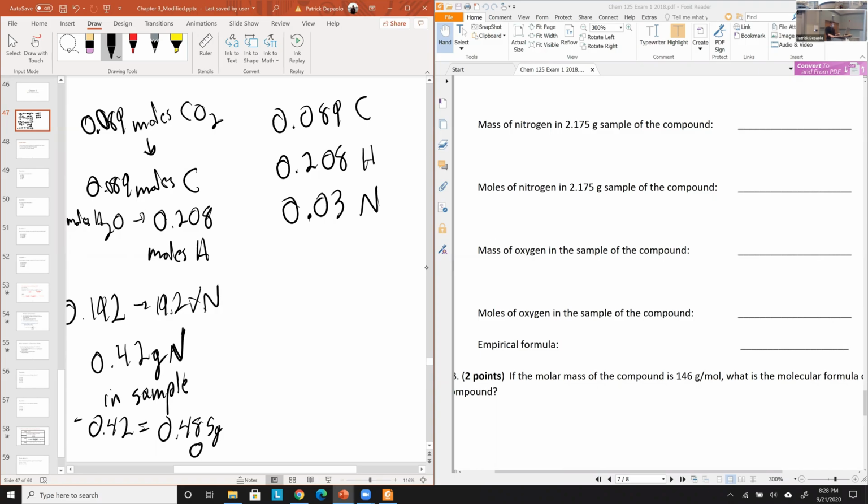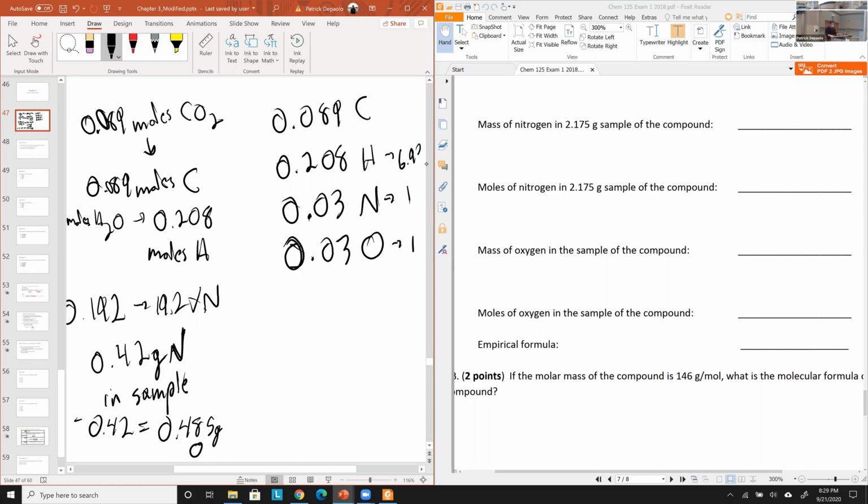Then you have the oxygen, 0.485 divided by 16 is 0.03 again of oxygen. So we're going to divide by the lowest number, 0.03 moles. So that means our nitrogen number would be 1. Our oxygen number would be 1. Our hydrogen number would be 0.208 divided by 0.03, which is actually 6.93.